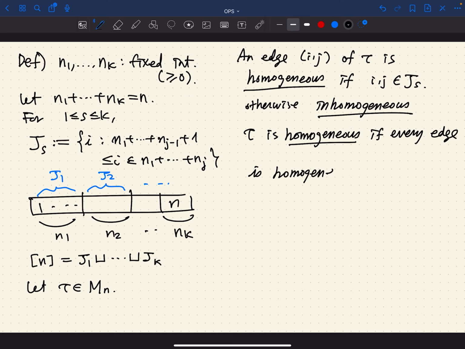But actually, the more important thing is inhomogeneous: if every edge is inhomogeneous, okay? So a matching is homogeneous if every edge is homogeneous, and a matching is inhomogeneous if every edge is inhomogeneous. There is something in between, but we don't really care.